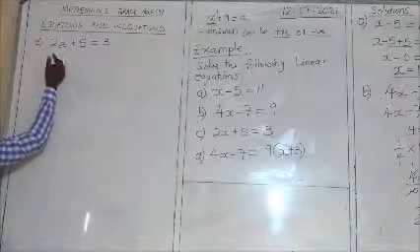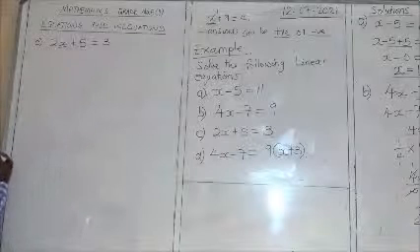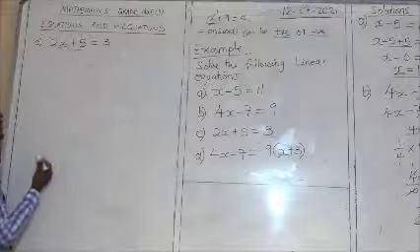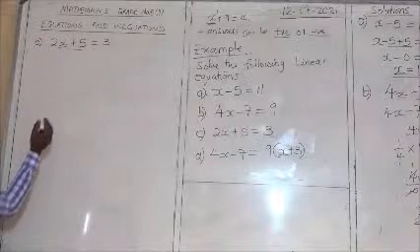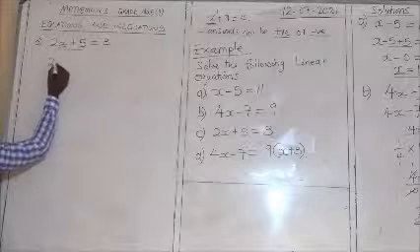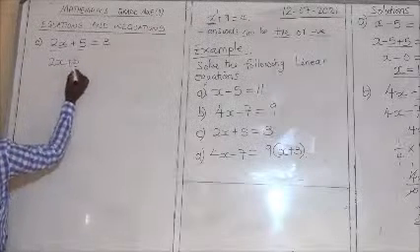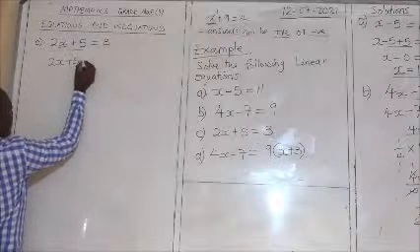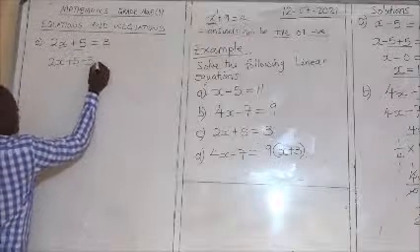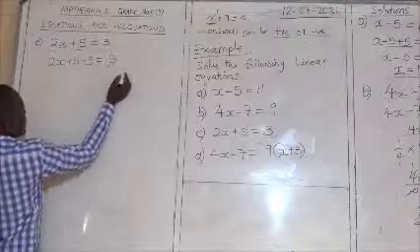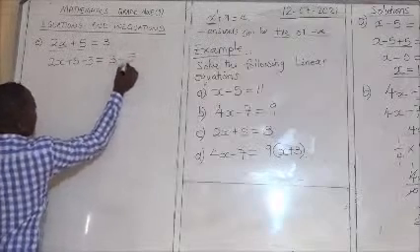This side we have 2x plus 5, and the other side 3. Since we have positive 5, we say minus 5 on this side, then minus 5 on the other side.